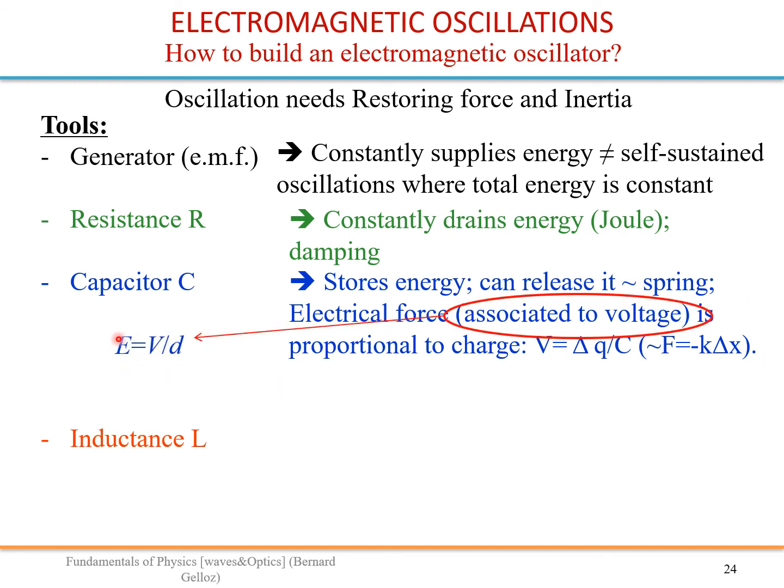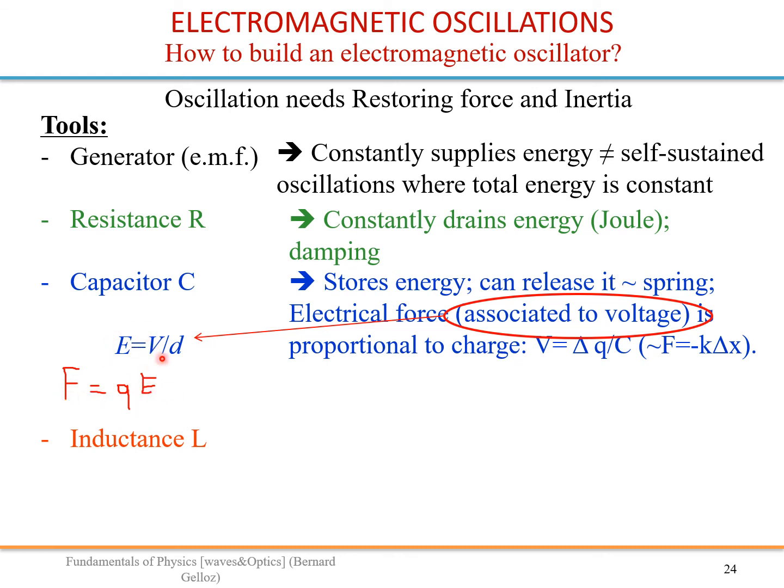Because the force in electricity you can represent as F equal QE. So the force is just a Q away from being an electric field, and then a D away from being a voltage. Basically, because the electric field is just volts per meter, if you choose 1 meter, then this is a voltage also.